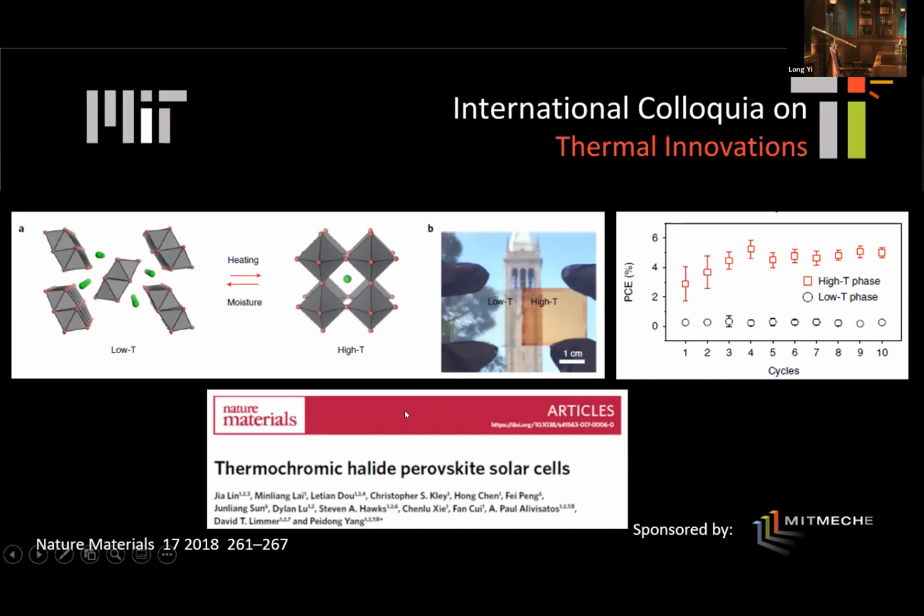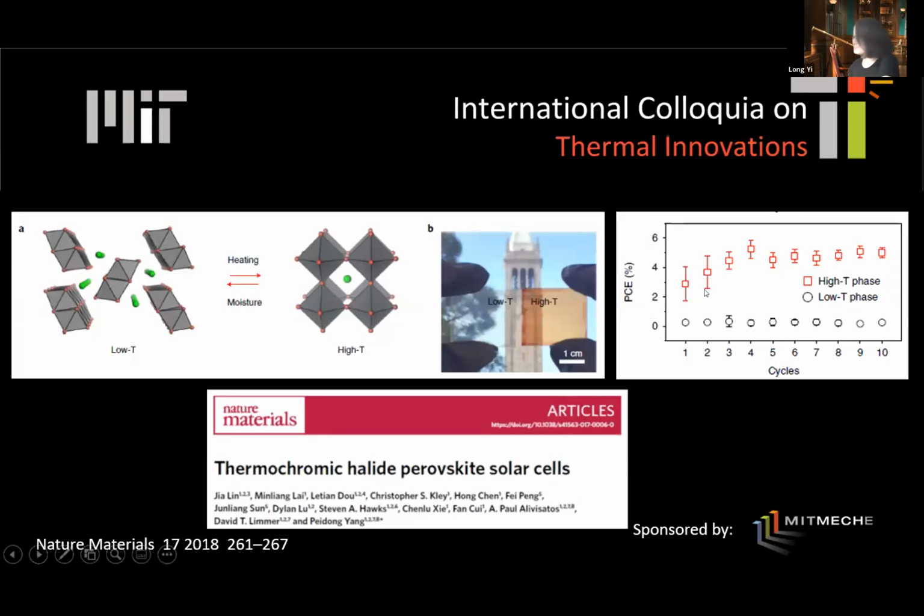Okay, actually, this is very much a POC, and there are a lot of issues there. Number one, at low temperature there is no PCE at all, which means it does not work as a solar cell. It only works at higher temperature, and even then it is less than 7%, so this is very low. The other issue is that the transition temperature is about 107 degrees, which is obviously too high.